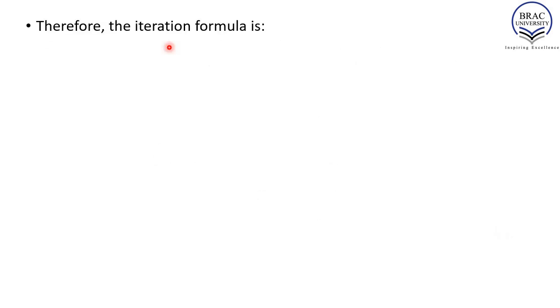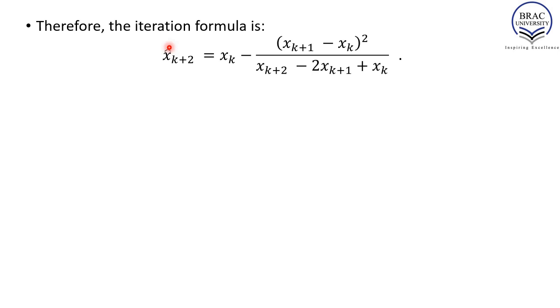Therefore the iteration formula is x k plus 2 hat equals x k minus (x k plus 1 minus x k) whole squared divided by (x k plus 2 minus twice x k plus 1 plus x k).